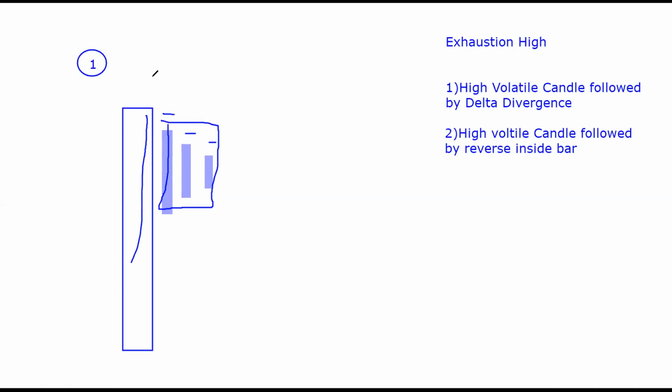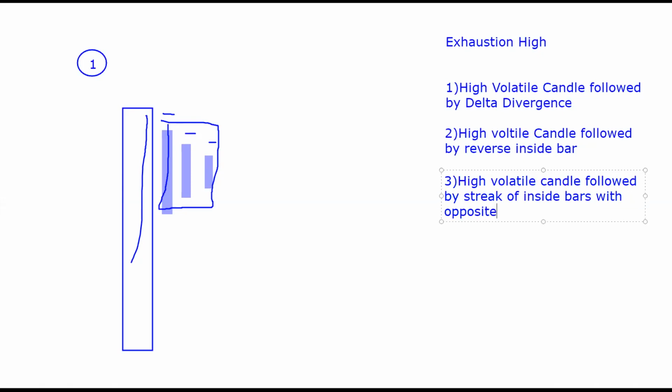So this is one way where we spot it: after a good high volatile candle, a high volatile candle followed by a streak of inside bars, right? So inside bars with opposite directional delta. If the trend is positive, then we're going to get delta negative, negative, negative continuously.